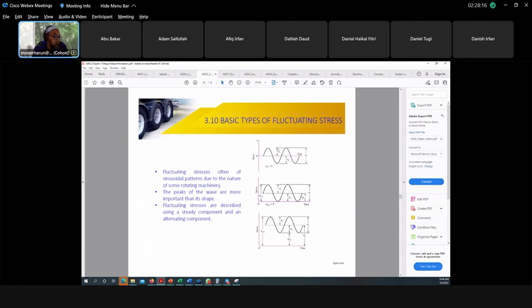After that we can find SN, because our focus is Goodman and Langer. So go back to Goodman and Langer. What are the parameters, the values that we need to calculate?